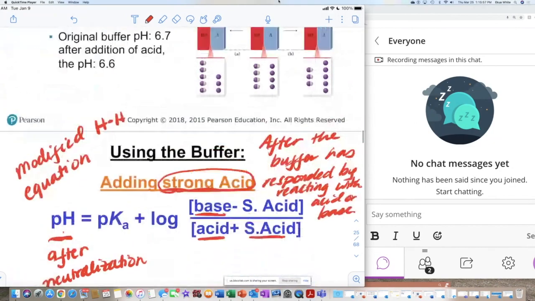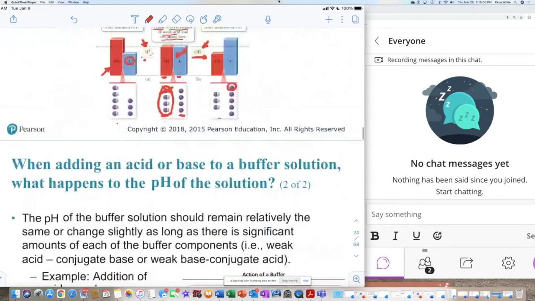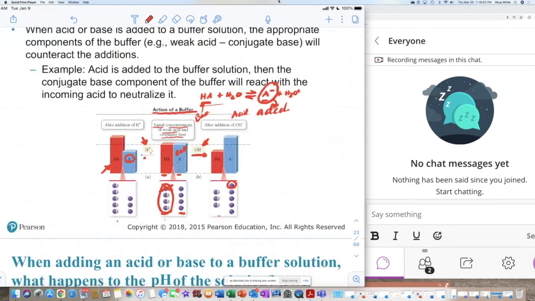And this is what I was trying to show you back here. When you add the acid, it uses up the base in the process and then makes more of HA. So in a way, it shifts the equilibrium so that more HA is made in the process. It's a weird reaction, but that's how it works out.